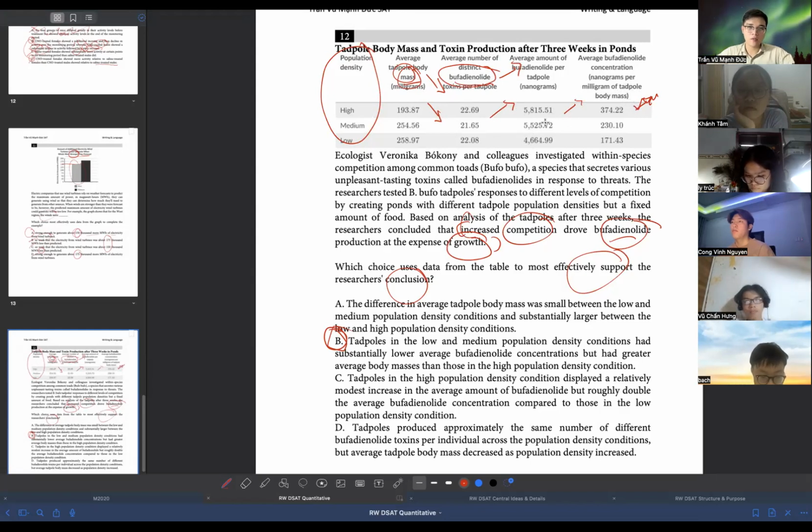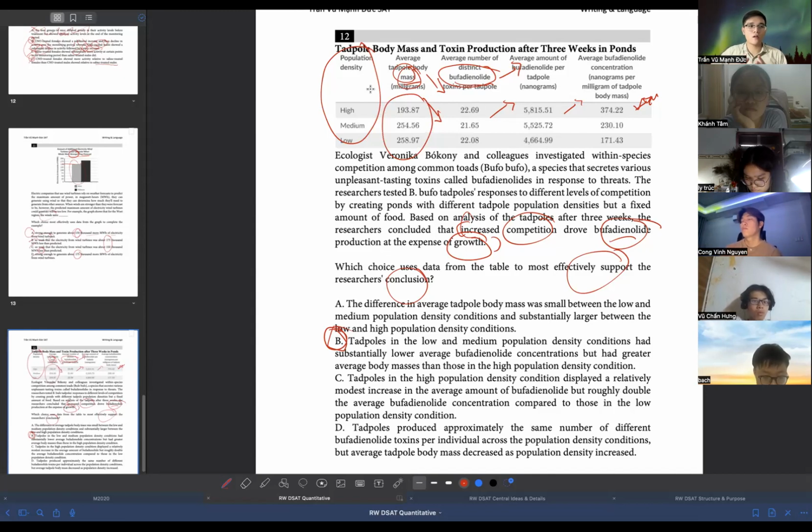So basically, we can see that the mass is lowering at the higher density because remember, if a group or a herd of animals has more of them, it will most likely be in higher density, in higher competition.